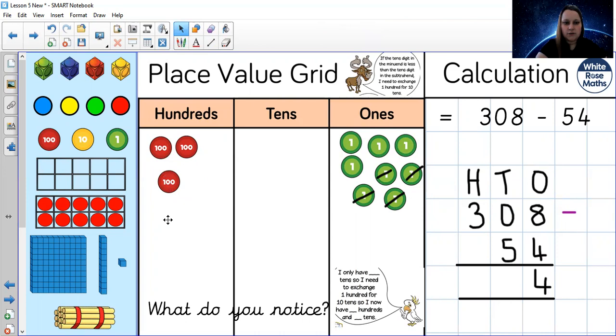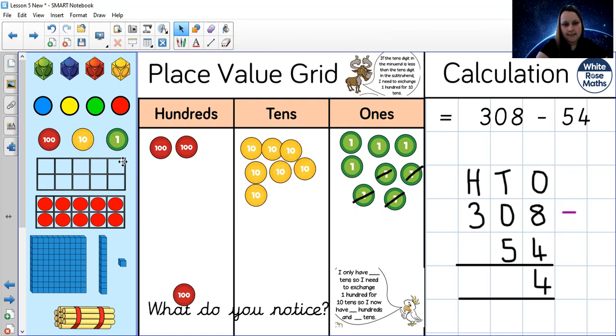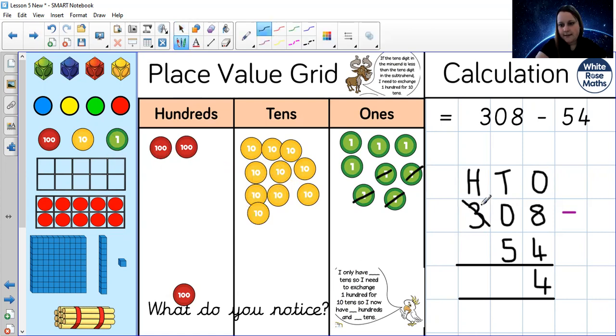So I'm going to exchange 100 for 10 tens. I'm just going to put 10 tens in my tens column. So I've exchanged 100, so I'm left with 200 for 10 tens, so I've now got 10 tens. What's 10 tens subtract 5 tens?